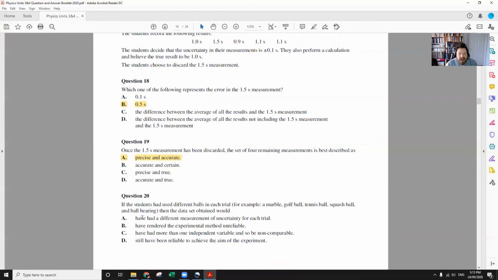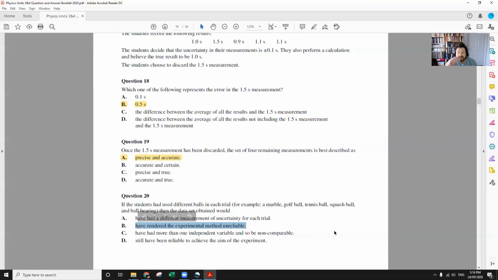Imagining that, the data set obtained would have had a different measurement of uncertainty for each trial. Well, I think the measurement of their uncertainty here is coming from the actual timing itself. So that probably wouldn't have anything to do with the balls dropping. Okay. The difference is that using different balls, dropping balls, is going to produce systemic differences, biases in our results, and have rendered the experimental method unreliable.